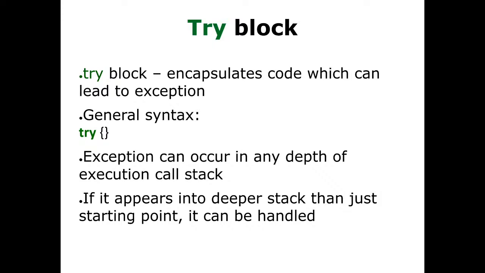And if the exception appears in a deeper stack, it can be handled at the starting point. Sometimes in bad design, developers use try catch just to go from one place back to another, which is not good. Maybe you heard about the goto statement.